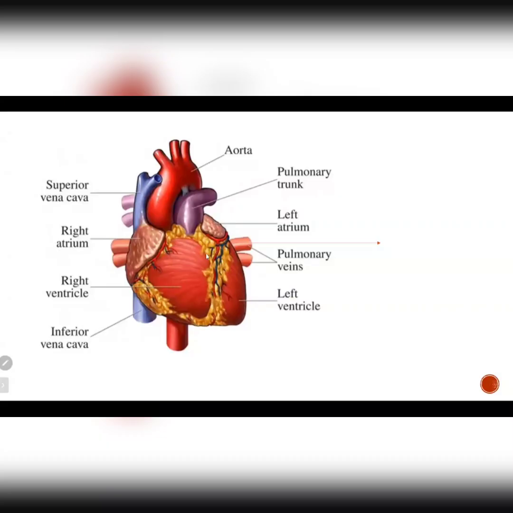There is a small portion of right ventricle, which is known as infundibulum of right ventricle. I'm just telling you these features now. Please revise them and I'll be sending you the notes. I'm telling you all this so that we can learn the relations of right and left lung.